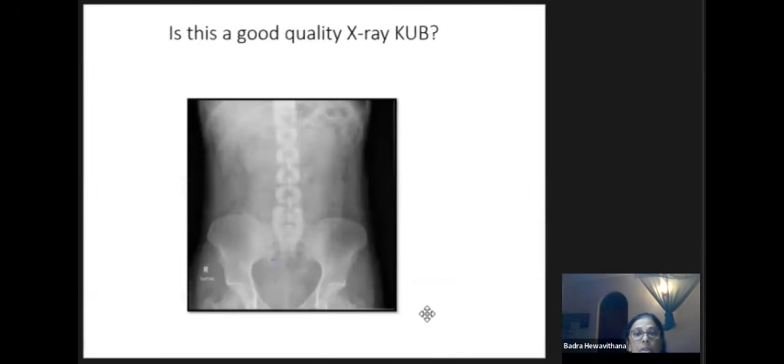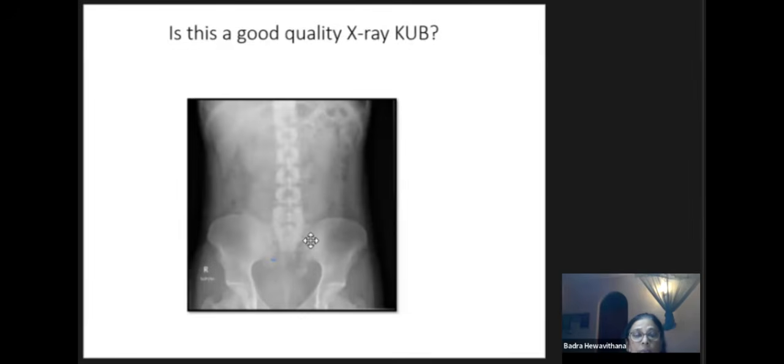And what about this? Is this a good quality X-ray KUB? From the radiography point of view, it should be a nice X-ray showing all the densities of plain radiography, like the gas in the bowel, fat in the properitoneal fat line, the soft tissue shadows like psoas, ribs, pelvic bones, everything you should be able to see in one go.